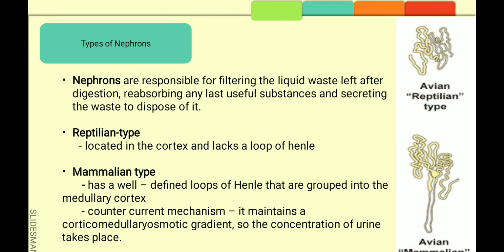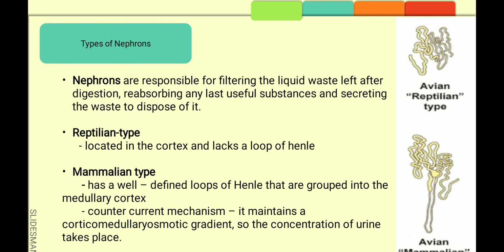Okay, so there are two types of nephrons. We have the reptilian type. It is located in the cortex and lacks a loop of Henle. The mammalian type has well-defined loops of Henle that are grouped into the medullary cortex.